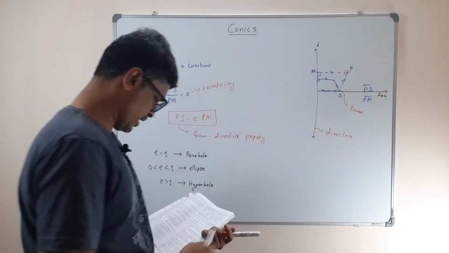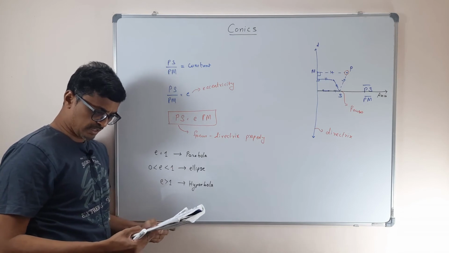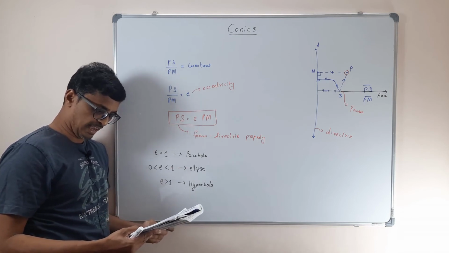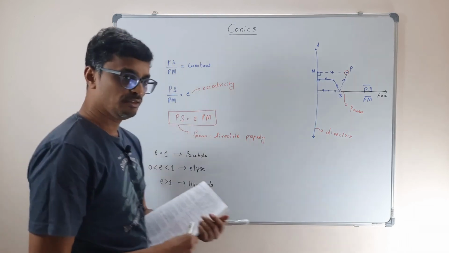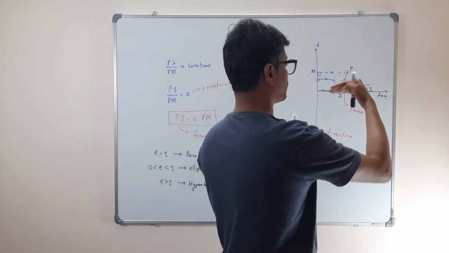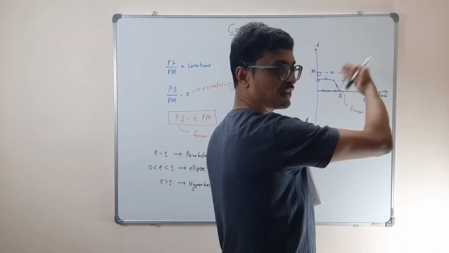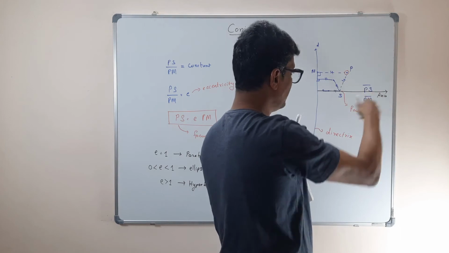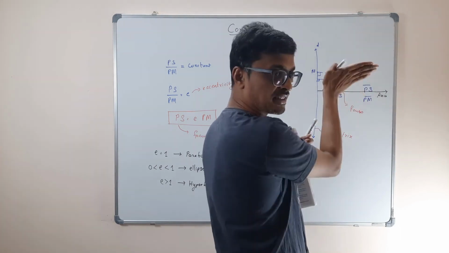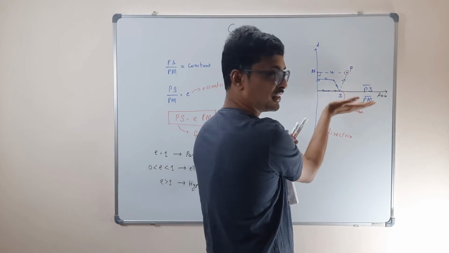This you call the axis. What they say is: the line about which a conic section is symmetric is called an axis of the conic section. You will realize in the next class, when I show you, that around this line the conic will be symmetric. If it is a parabola, both sides will have the same shape. Symmetric means you cut it and place it here, and you are not able to differentiate.